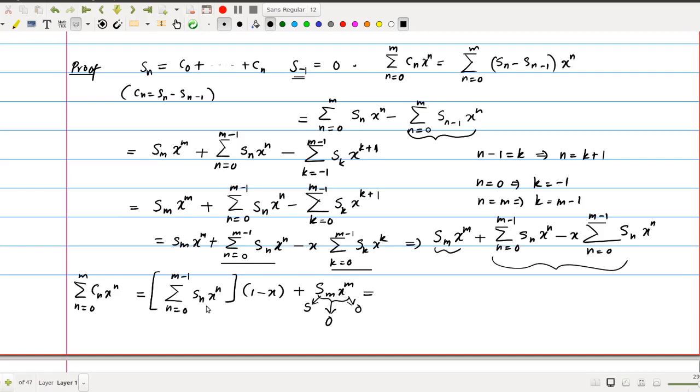Now we take the limit m tends to infinity here, then m minus 1 tends to infinity.